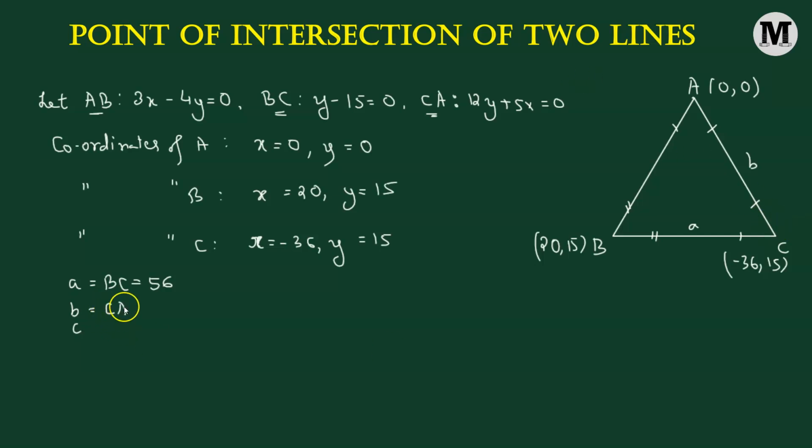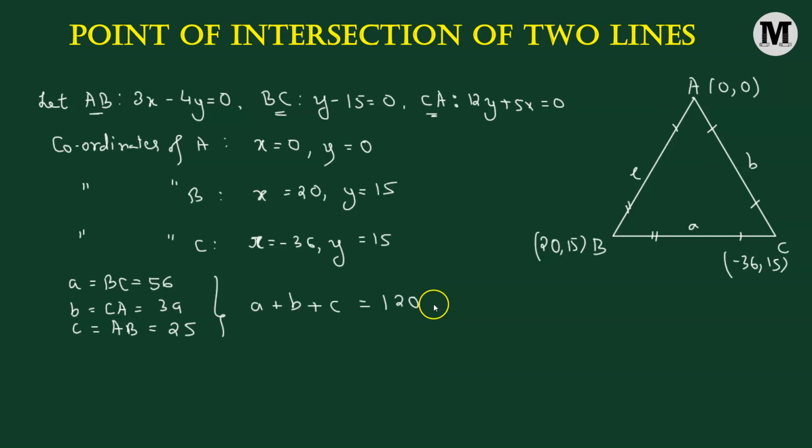CA gives us 39 units, and finally c is the third side, the side AB, and its length is 25 units. We can combine these three because we'll need the sum of these three values, which is equal to 120.